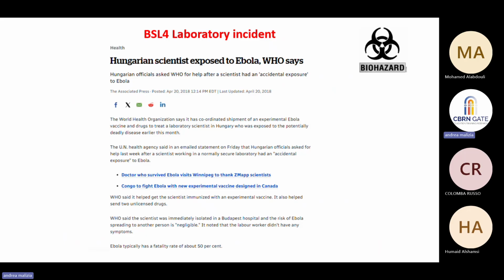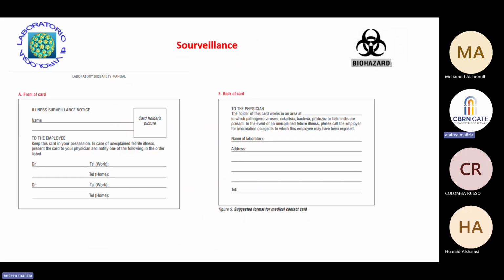But this person did not manifest symptoms of Ebola, and with the surveillance, the person did not manifest symptoms, but there was an incident in this laboratory. And therefore surveillance is very important.